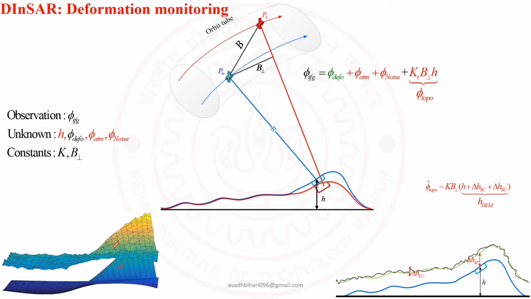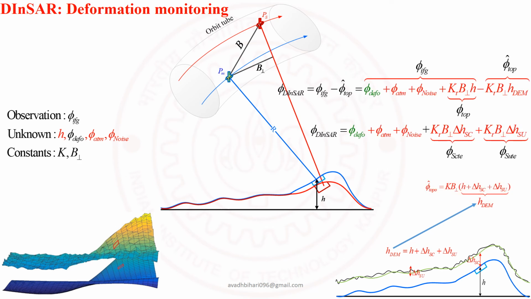When we simulate the topographic phase component, which is represented by this phi topo with a cap, it will contain some error due to spatially correlated and spatially uncorrelated DEM error. When we subtract the simulated topographic phase component from the interferometric phase, it will not remove the topographic phase component completely. And in the interferogram, along with the deformation and atmospheric phase component, some residual topographic phase component will also be present.